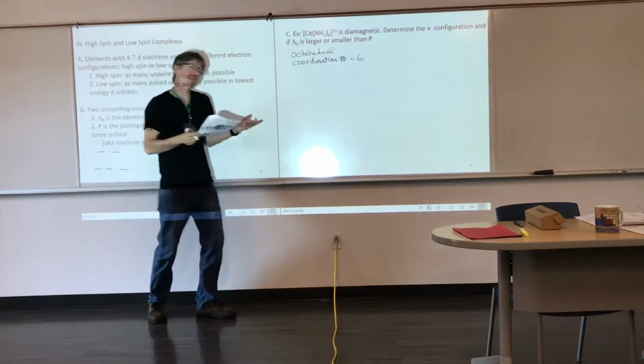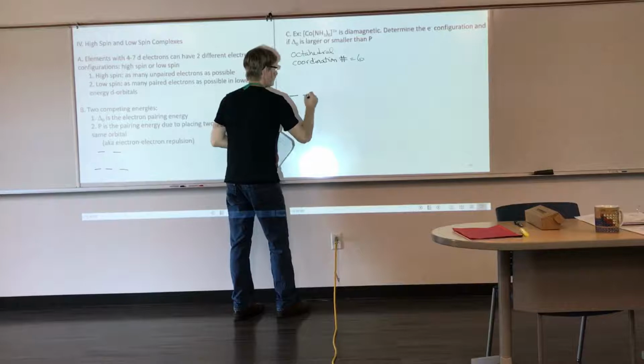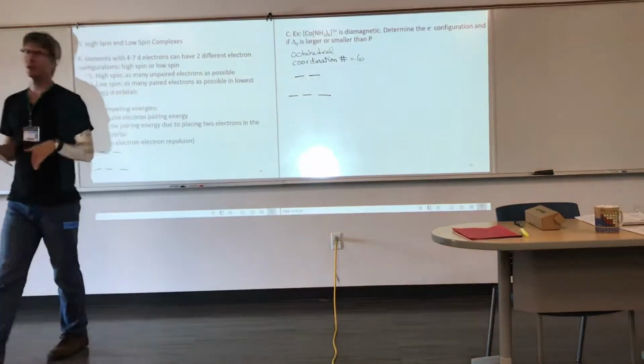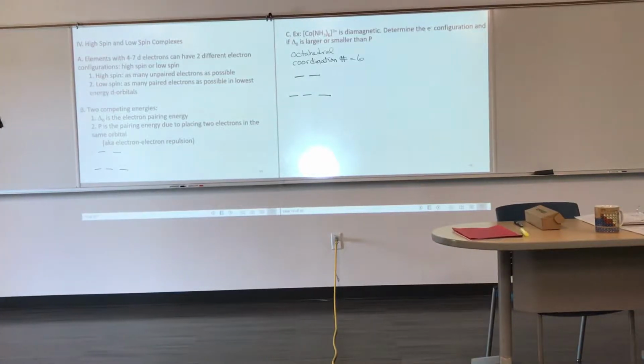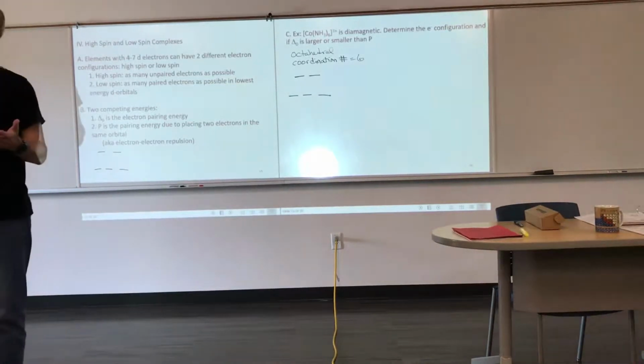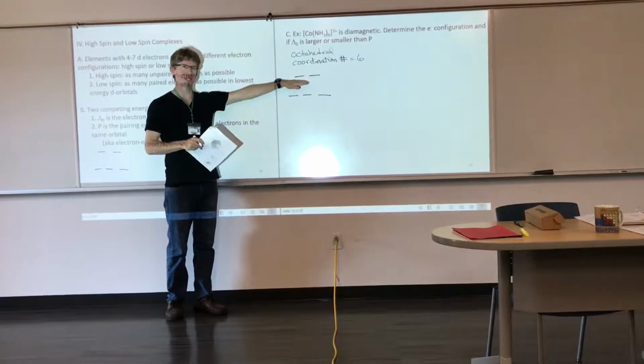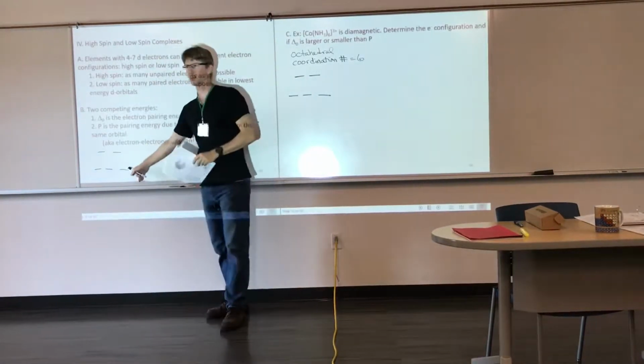And if that's true, then you can look on your conversion equation sheet for the pattern of the splitting. For octahedral, it is 3 of the d orbitals lower and 2 of them higher, just like I drew it here.